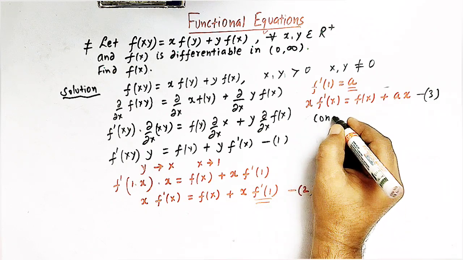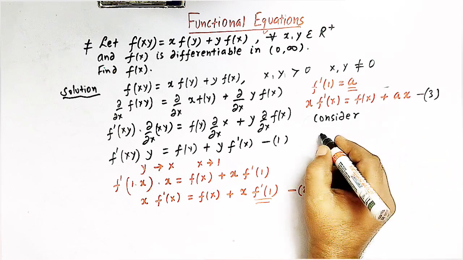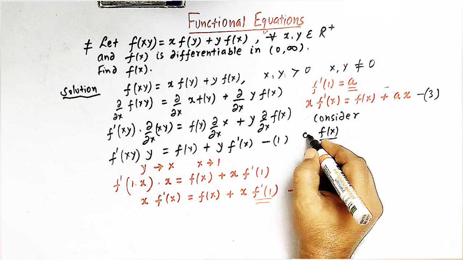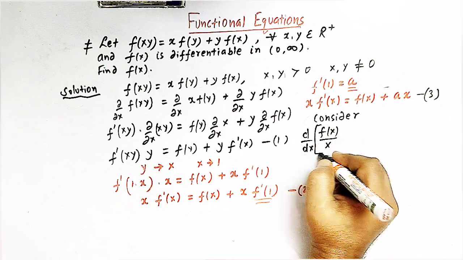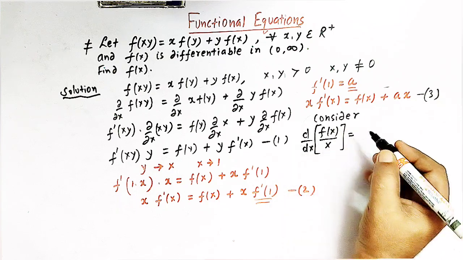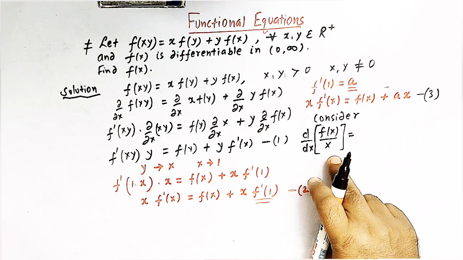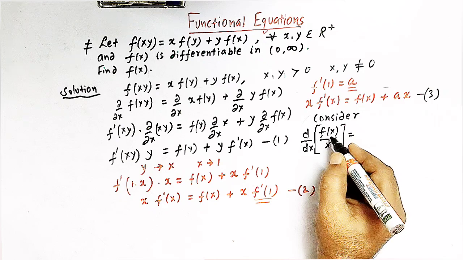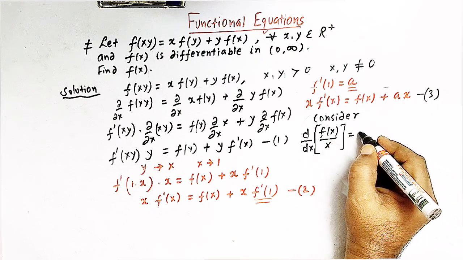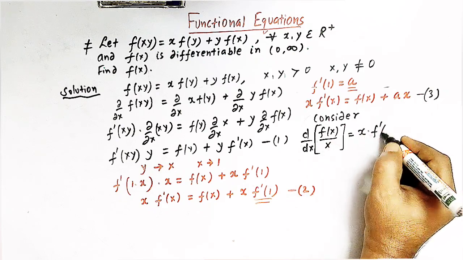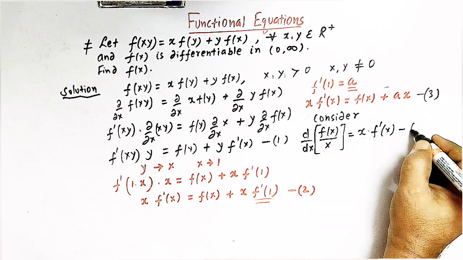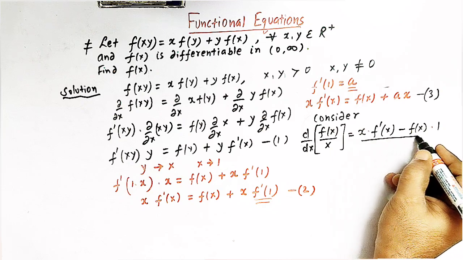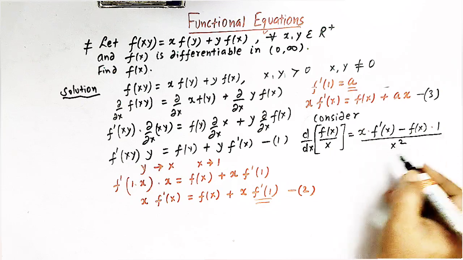Now let us consider the derivative of f(x)/x, right? We can take the derivative of f(x)/x, and then we'll connect this derivative with this equation. Applying the quotient rule for derivatives, we have x times f'(x) minus f(x), since the derivative of x is 1, and in the denominator we have x squared.